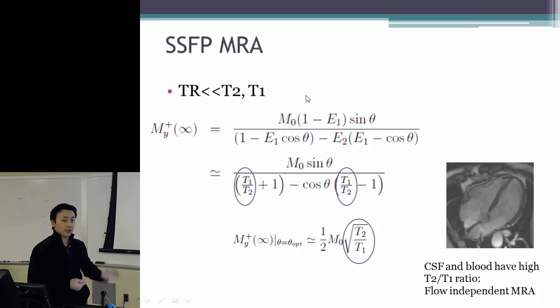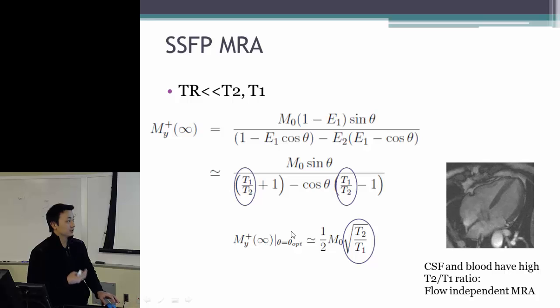And also, as we saw before, the steady state free precession MRA can also give you a bright blood MRA, because the SSFP signals are T2 over T1 weighted, and the blood has our highest T2 over T1 ratio, so it will also appear bright in the image as we see here.